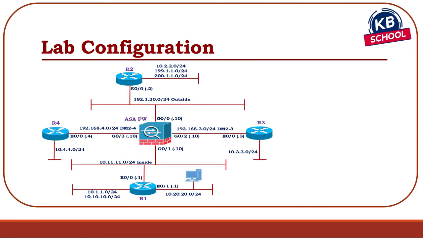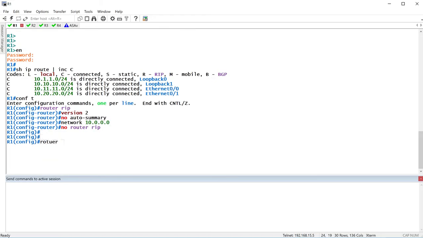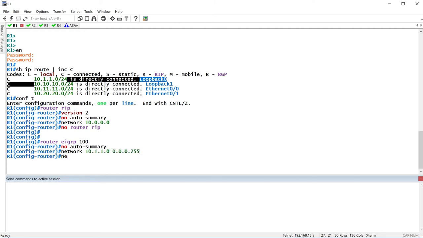Let's start with router 1, which is at the bottom. Router EIGRP 100, no auto summary, network. If I had to do the network statement over here, if you take a look over here, I have the individual networks. If I wanted to enable them individually, I would use the inverse mask.